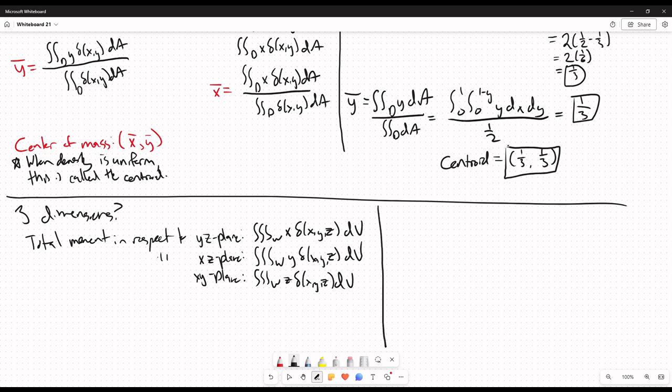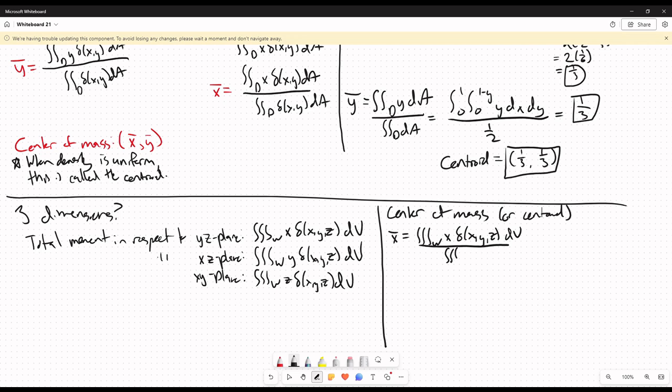Then if you want to find your center of mass, or centroid, you're going to let your x-coordinate be the triple integral of x delta(x, y, z) dV over the volume.